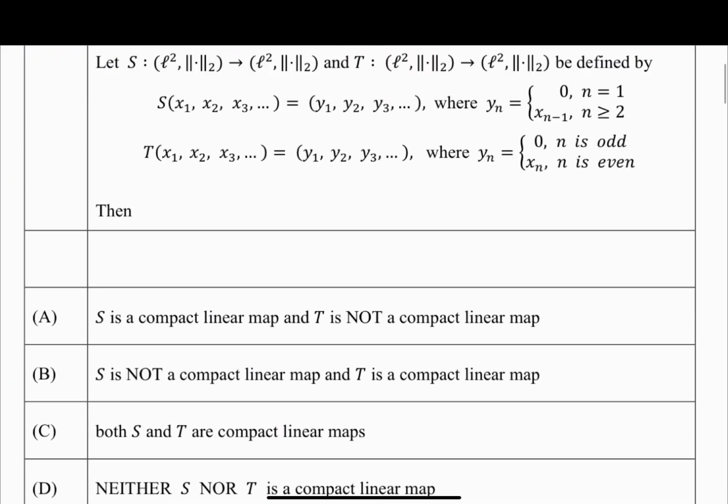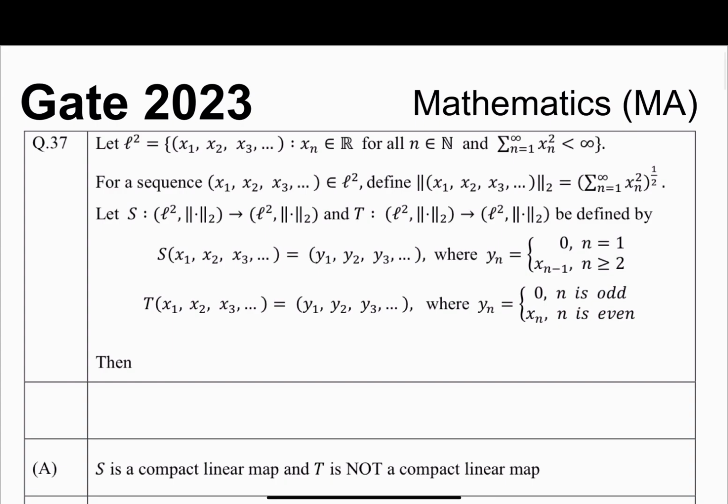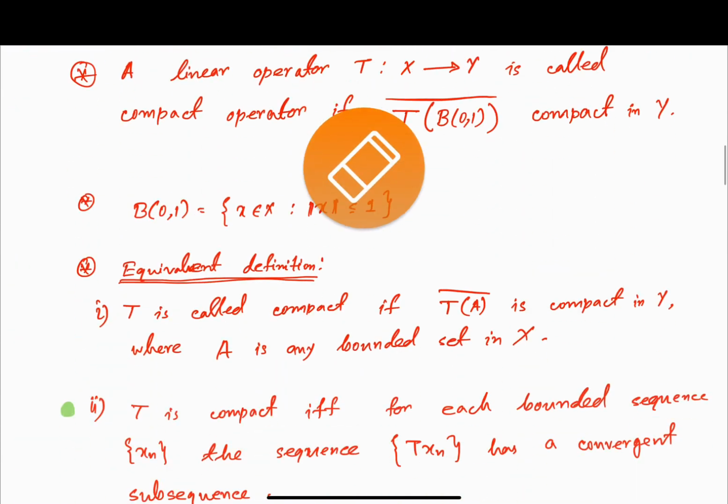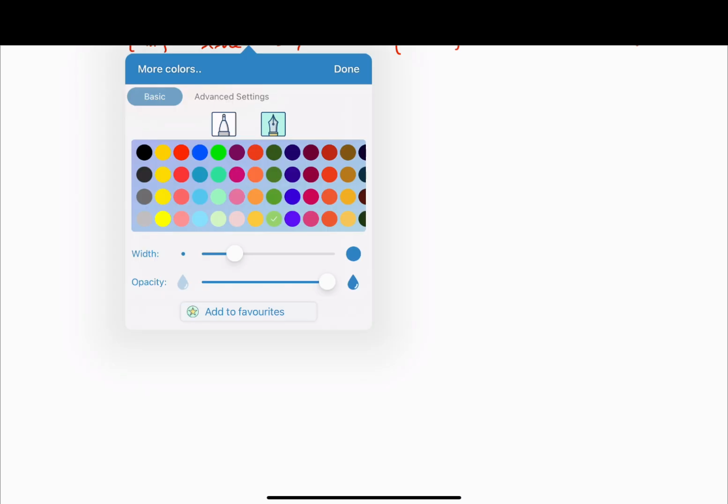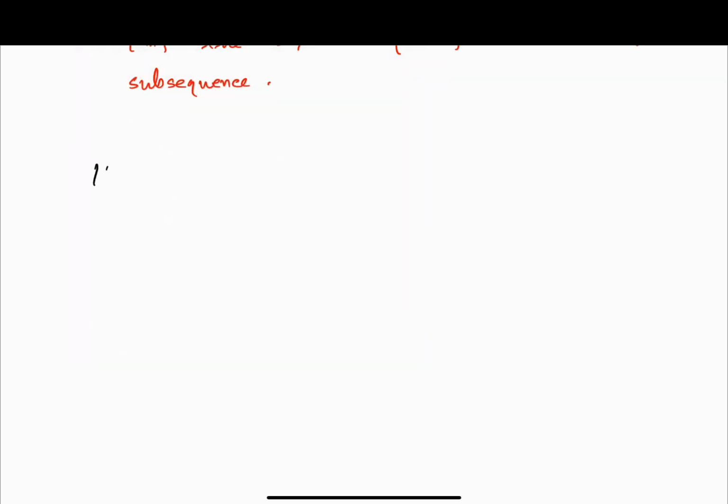Okay, so two operators are given, S and T. Let's do it first for S. S is an operator from l2, the sequence space with the l2 norm, to again l2.